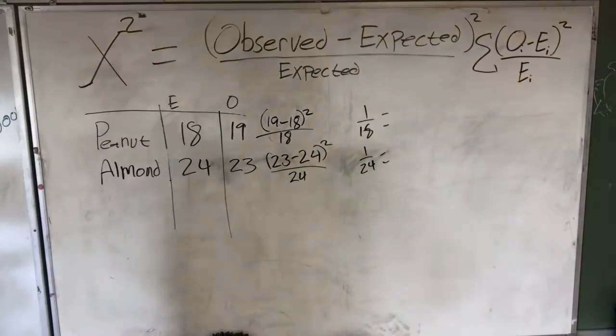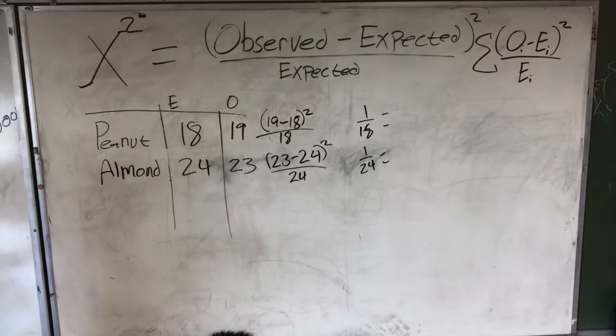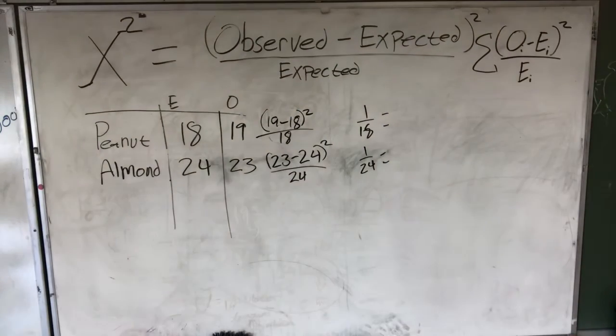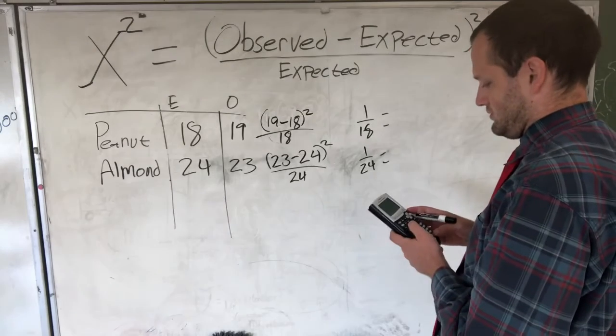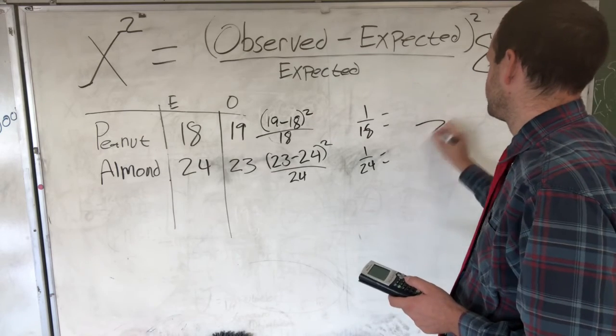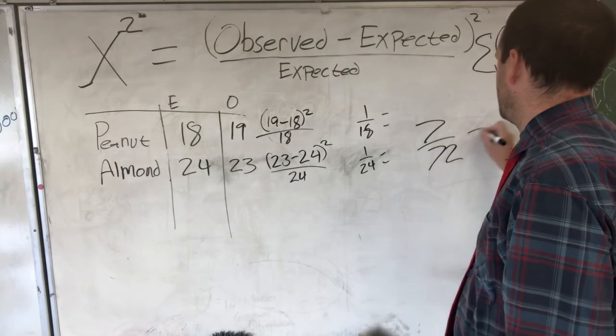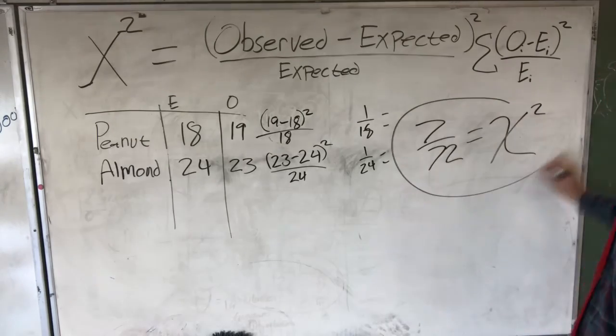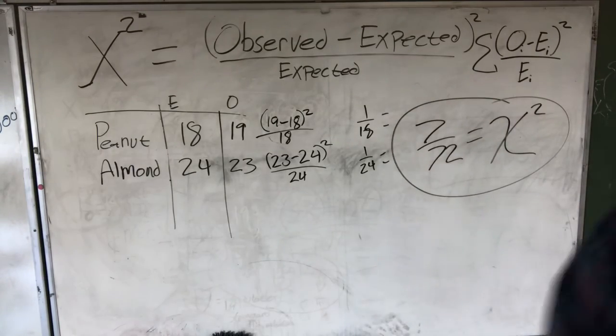So we've got 1 out of 18 plus 1 out of 24. That gives me 7 out of 72, which is my chi-square statistic. Try the problems down below.